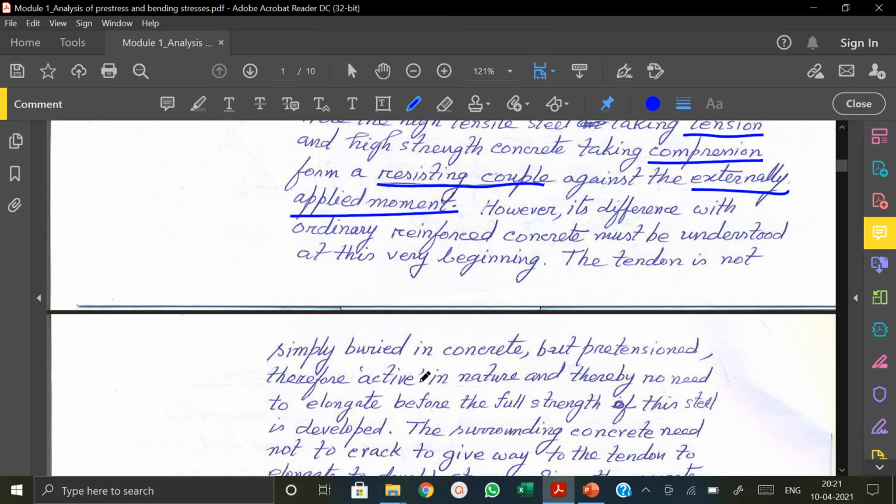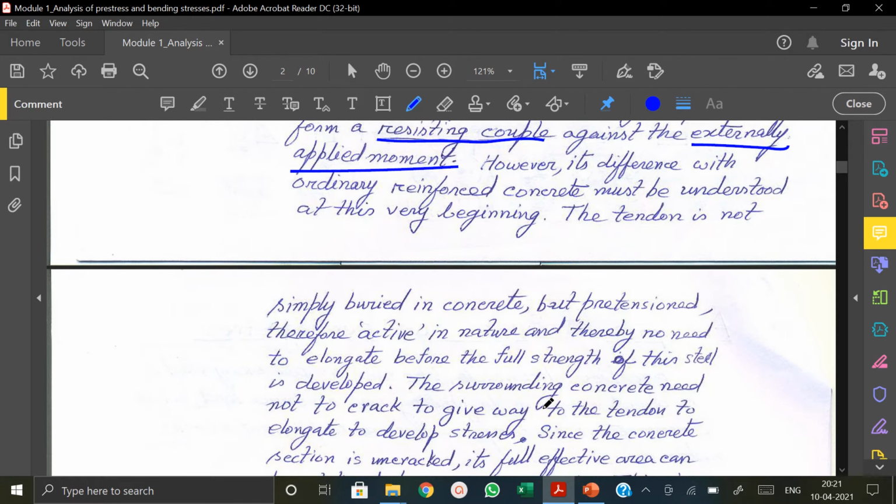So it is always in pre-tension, therefore active in nature, and therefore there is no need to elongate further, as the full strength of this steel is developed. That is, it is under tension, and there is no need for elongation to take the load, because it's already in tension.